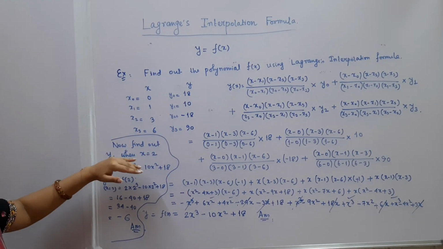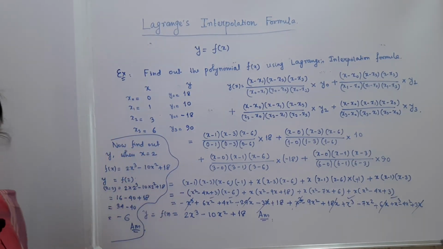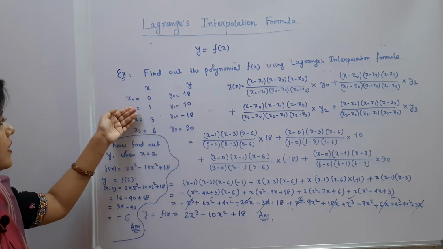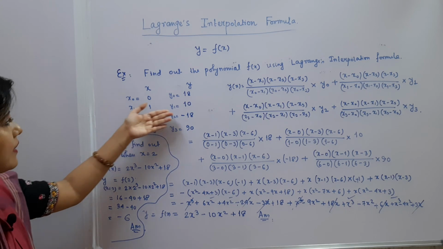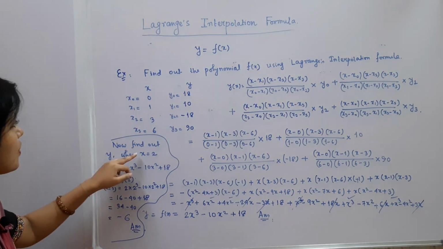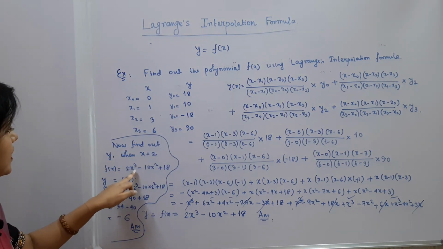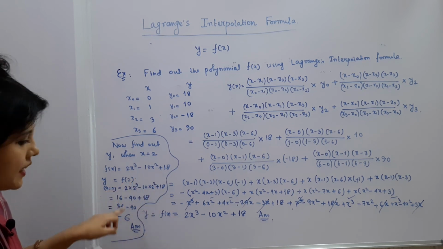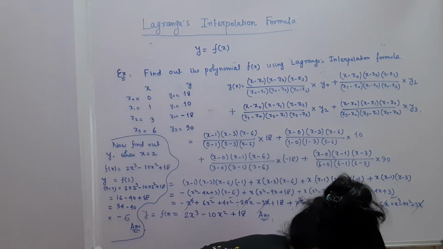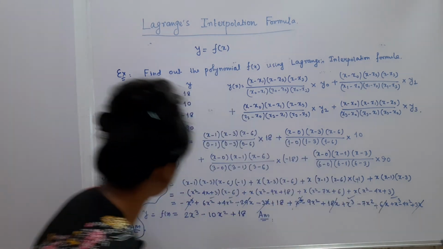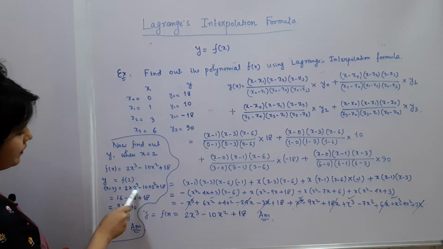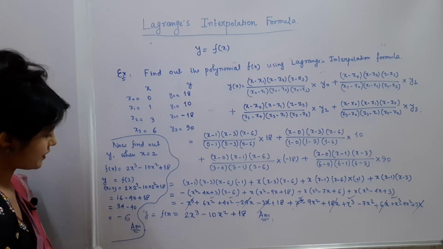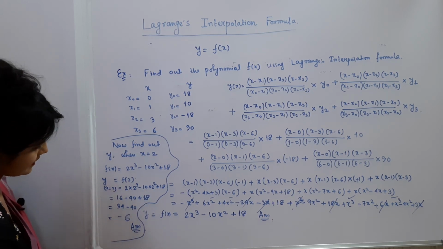Now if you want to find y for x equal to 2, because x equal to 2 is not given in the table, y is unknown. So f of x equals 2x cube minus 10x square plus 18, which is 2 into 2 cube, that is 16 minus 40 plus 18. So 34 minus 40, that is minus 6.